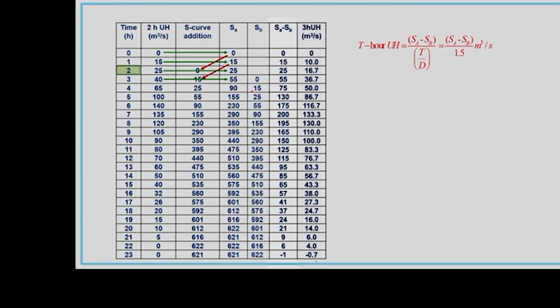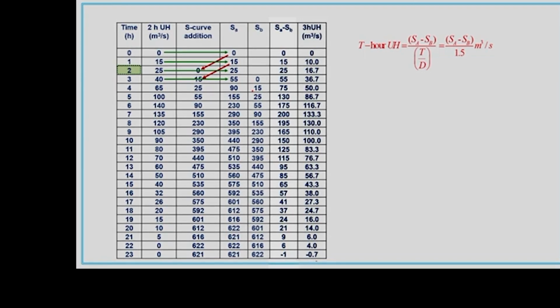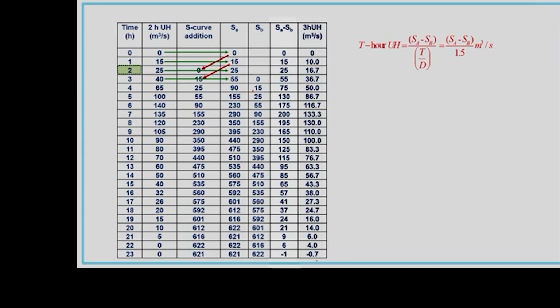There you need to make certain adjustment or smoothing of the curve so that it reaches 0 at the end time interval. So, instead of minus 0.7, we can assume it to be 0.